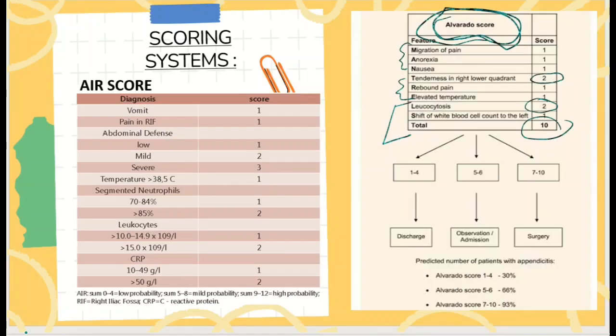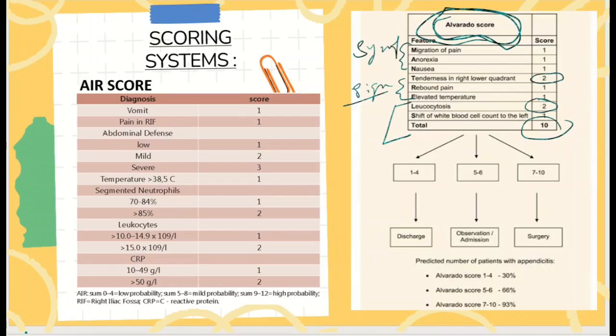First is symptoms: migration of pain, anorexia, nausea. These 3 are symptoms, given 1, 1, 1 score each. Then comes the signs. What are the signs? Tenderness in right lower quadrant, 2 score. Rebound pain, 1.